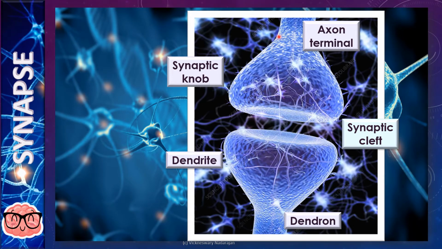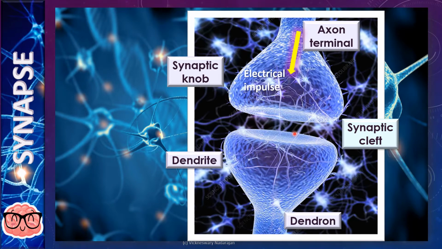So, what happens is an impulse will be transmitted along the axon until it arrives at the synaptic knob. We learned previously that the impulse is electrical. However, once it reaches the synaptic knob, the electrical impulse cannot move any further because the membrane here is going to prevent saltatory conduction.